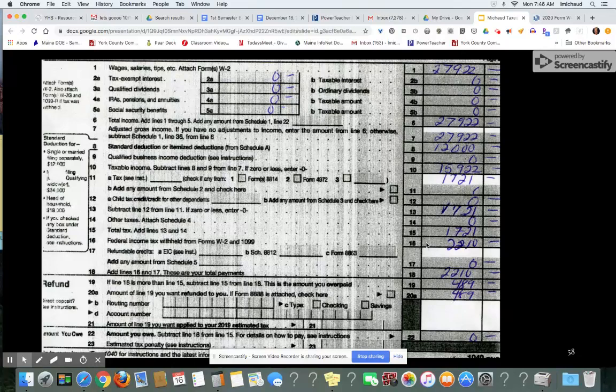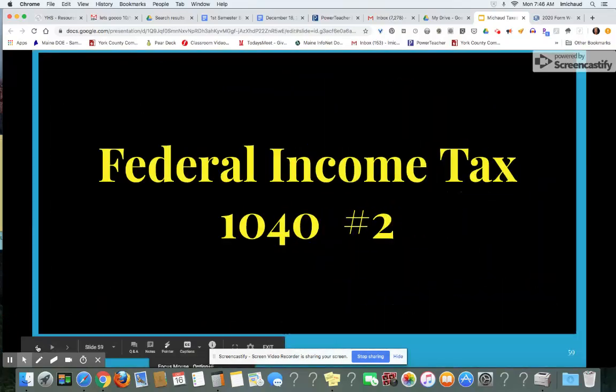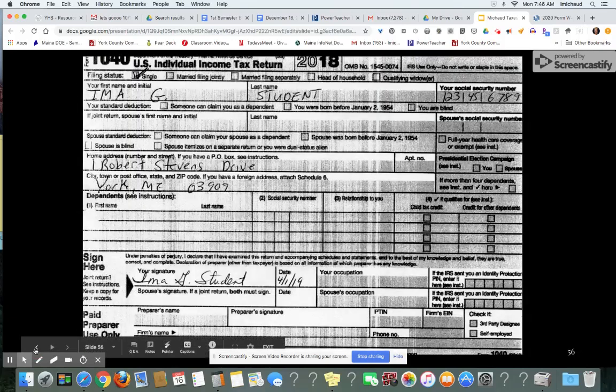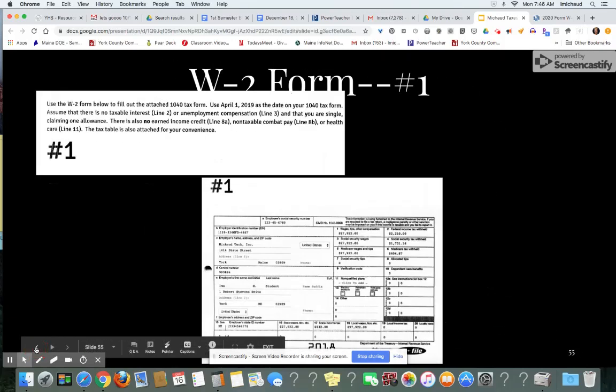Now we need to figure out how much money was actually withheld from our paycheck throughout the year. So we will go back to the W-2 form. And you will notice that the actual federal income tax withheld, in box number 2, is $2,210.